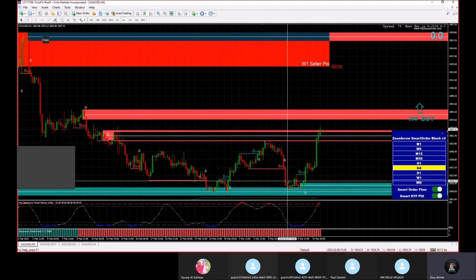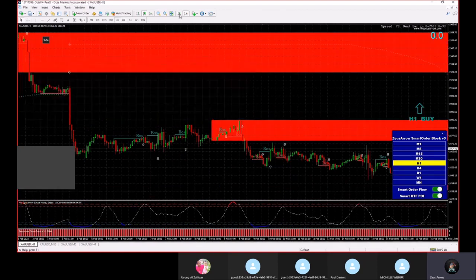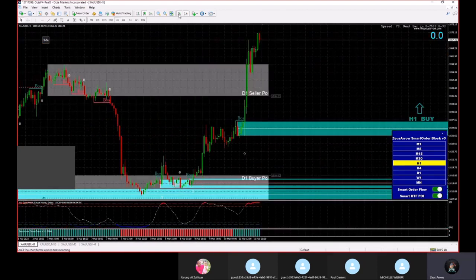You can see this fall from here constantly, and then it came up to the 1810 level. If you go back to the H1 zone, you will find that from the H1 1810, it kept moving.